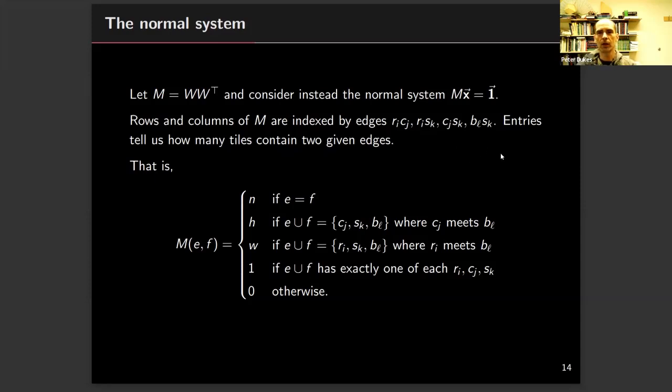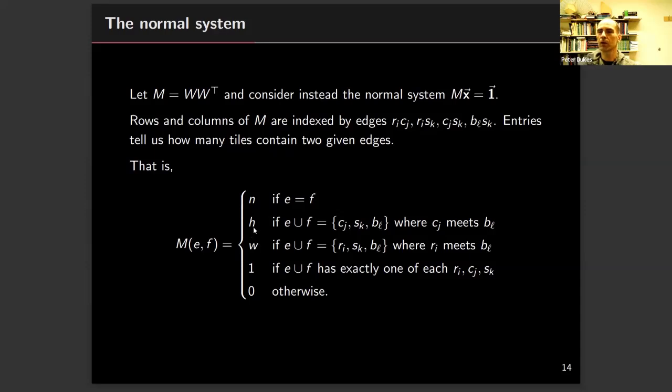Okay, now it turns out the entries of M, the EF entry for 2 edges E and F, will tell us how many tiles contain those 2 edges. So we have n if the 2 edges are equal, that's on the diagonal.